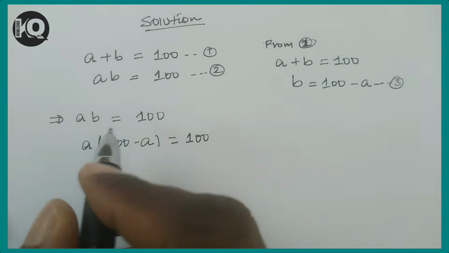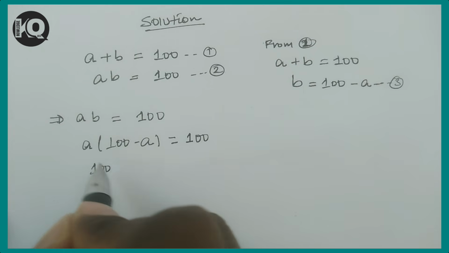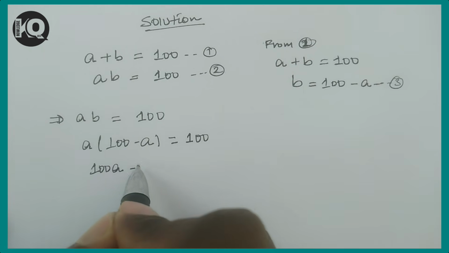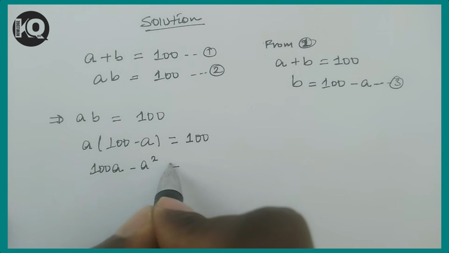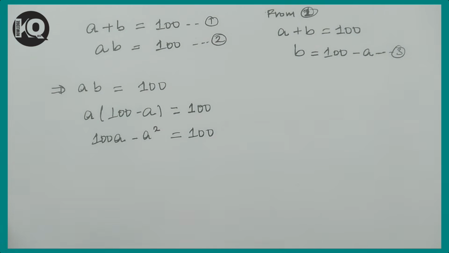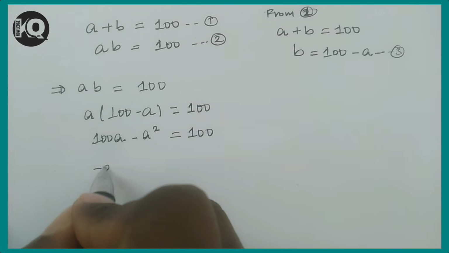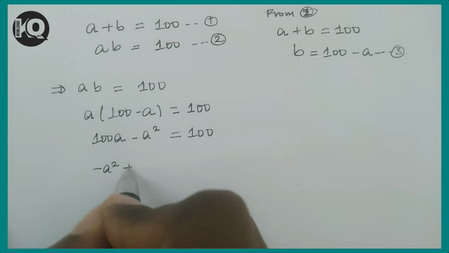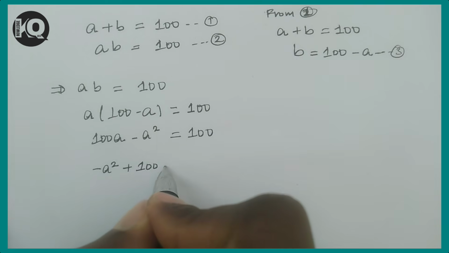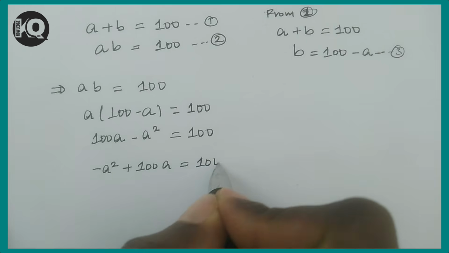Let's distribute: 100 times a minus a square is equal to 100. Now let's rearrange this equation: minus a square plus 100 a is equal to 100.